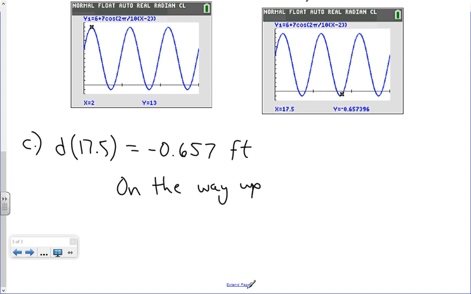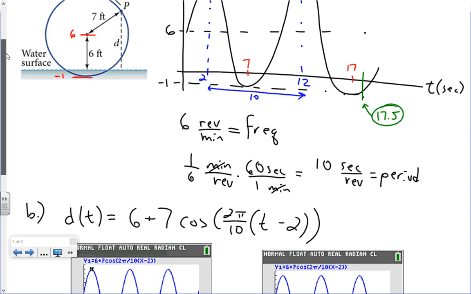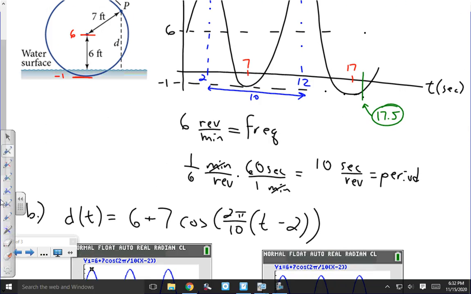Part D. It says, at what positive time t does point P first emerge from the water? So when do we first emerge from the water? Let me go back to my sketch. And let's look at what they're looking for. When we first go into the water, at 7 seconds, we're at the lowest point. So just before that is when we first go in the water.